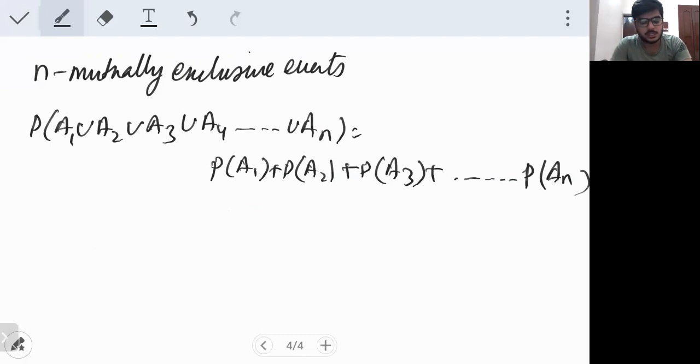The probability of a finite union of events is the sum of the probabilities of the individual events. The probability of a countably infinite union of events is also the sum of the probabilities of the individual events, right?